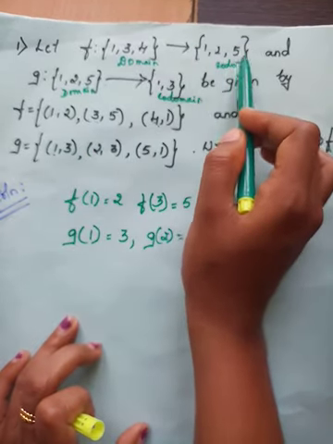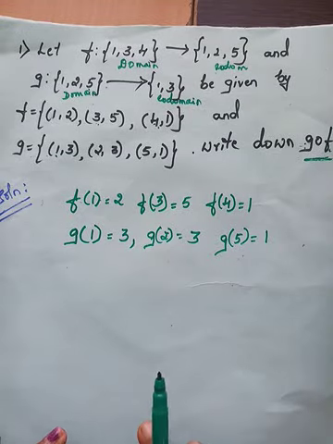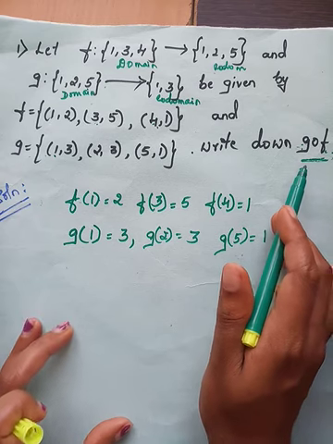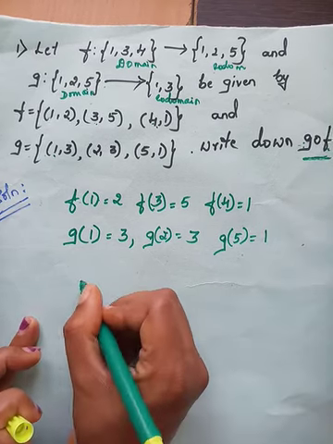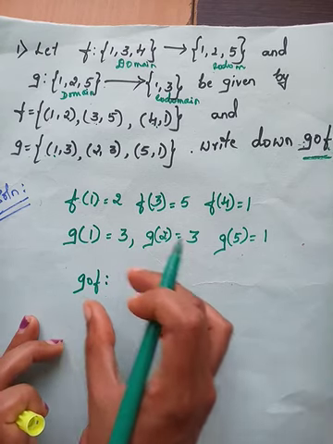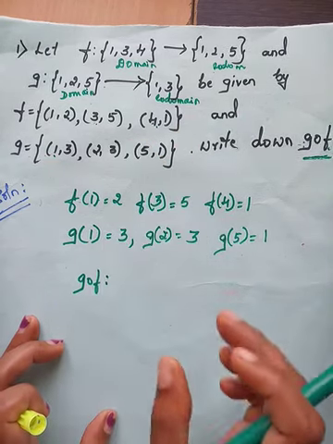Similarly, F also has 1, 2, 5. So the domain of G is equal to the codomain of F. Therefore, G composition F is well defined. So G composition F is again a function. So from where is this function defined, what might be the domain?